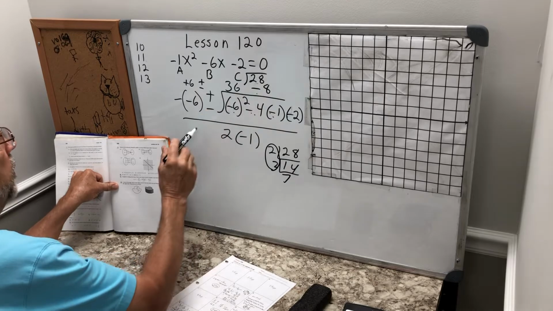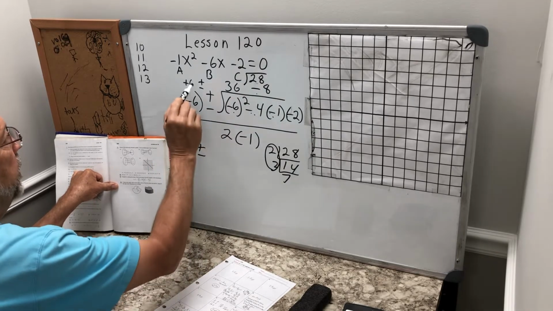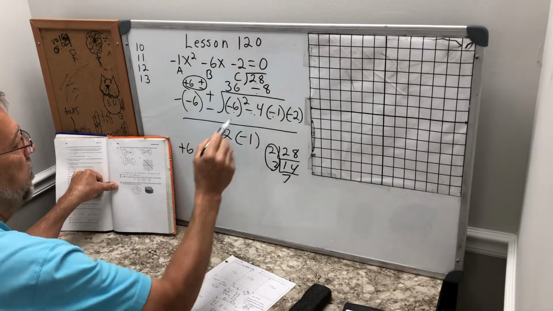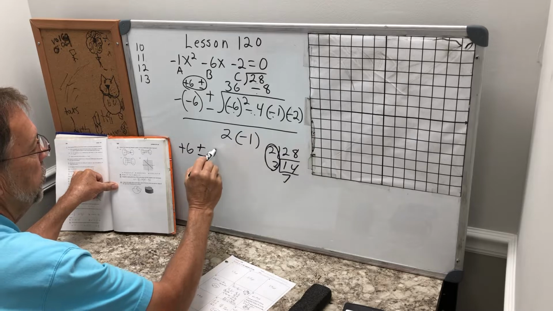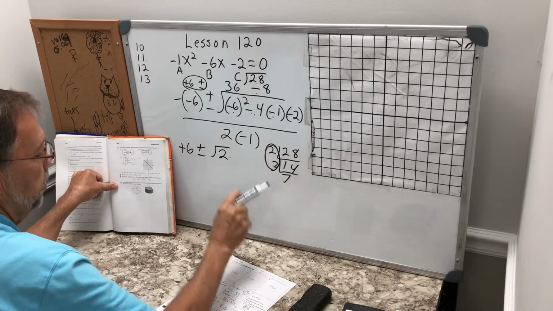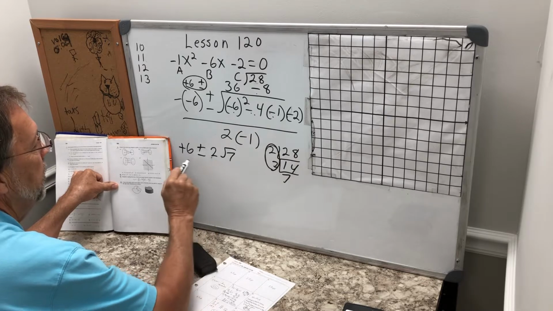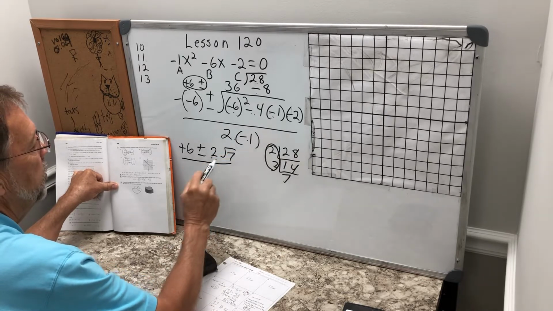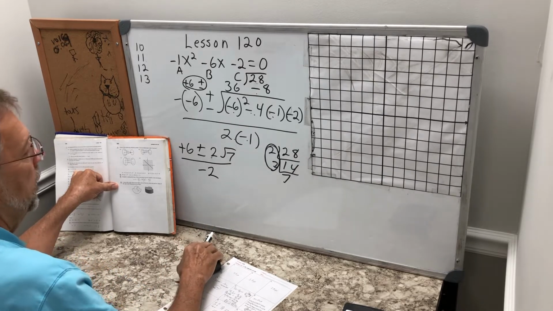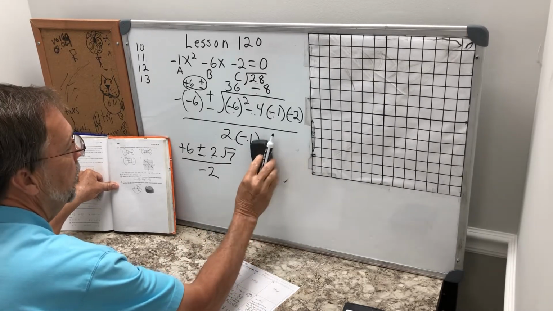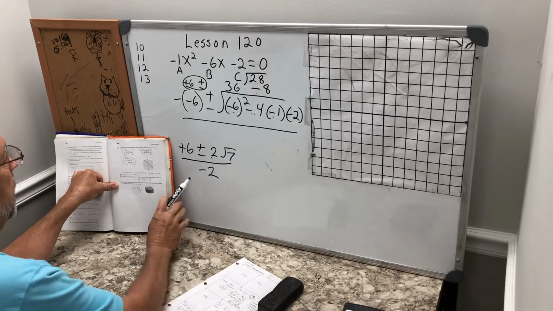So I'll rewrite all this. Ready? This is a positive 6, plus or minus the square root of 28, simplified is 2 times the square root of 7, over 2 times negative 1, which is a negative 2. Can we reduce this? We can.